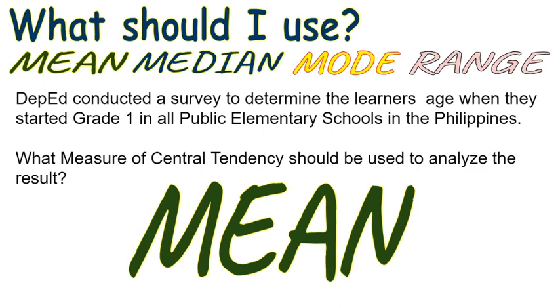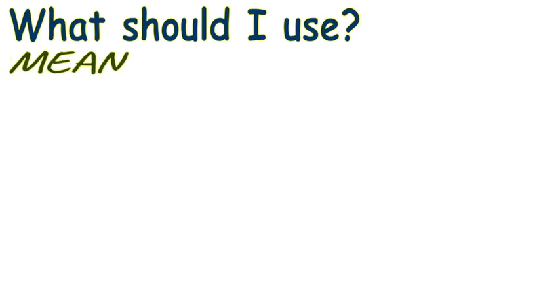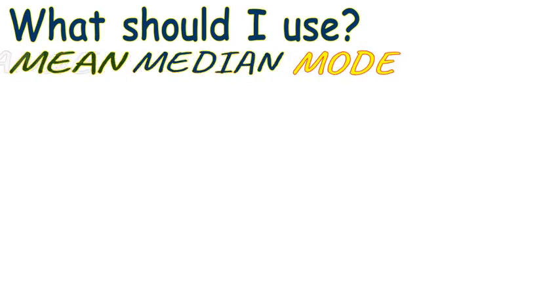So in this particular example, the data that we have is stable, and it will most likely show a distribution that is normal or Gaussian. Because of that, it is stable, and of course the average or the mean will be most appropriate in this case.